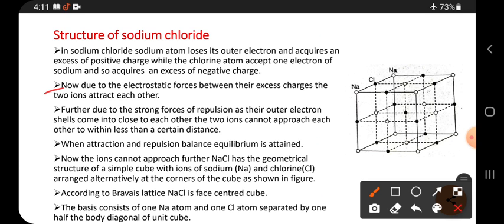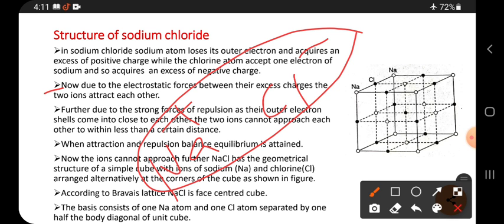Now, due to the electrostatic force between their excess charges, the two ions attract each other. After giving the electron and taking the electron, these two gain opposite charges.